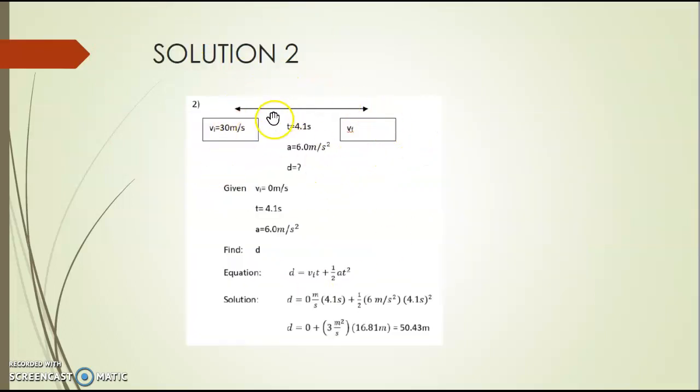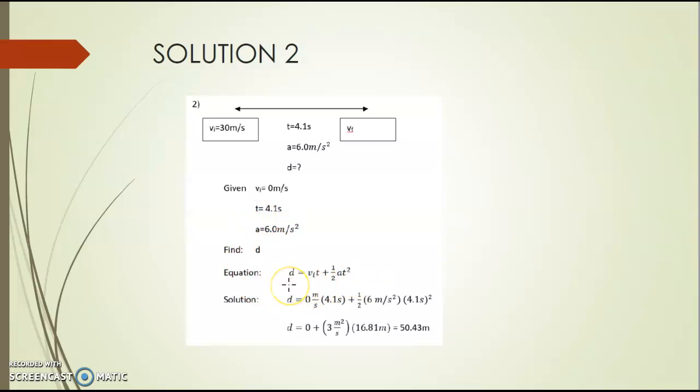So here is our graphical representation. Our initial velocity must be 0. The time is 4.1 seconds and our acceleration is 6 meters per second squared. Now, we're going to be using this formula.